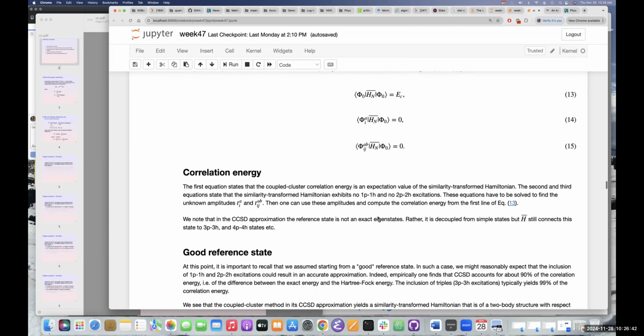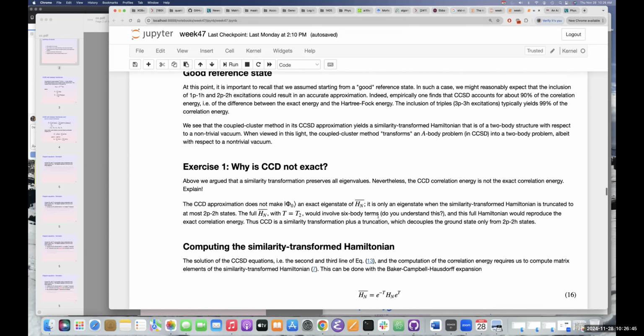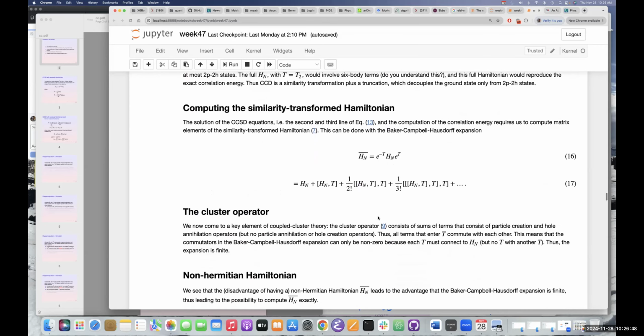So we set up the correlation energy, and in the derivation of the equations last time, we used what's called the Baker-Campbell-Hausdorff expansion. And the benefit when T is not a Hermitian operator is that this series truncates at a given order. This is one of the key elements of coupled cluster theory in its traditional form: the cluster operator consists of sums of terms that consist of particle creation and hole annihilation operators, but no particle annihilation or hole creation operators.